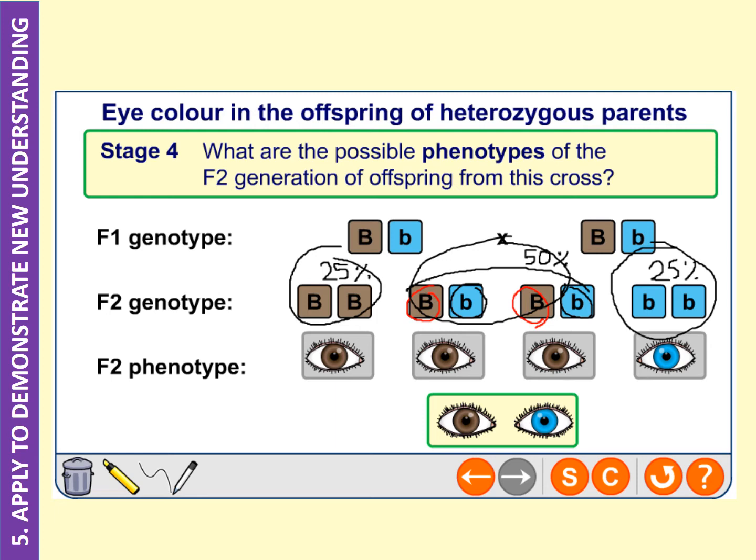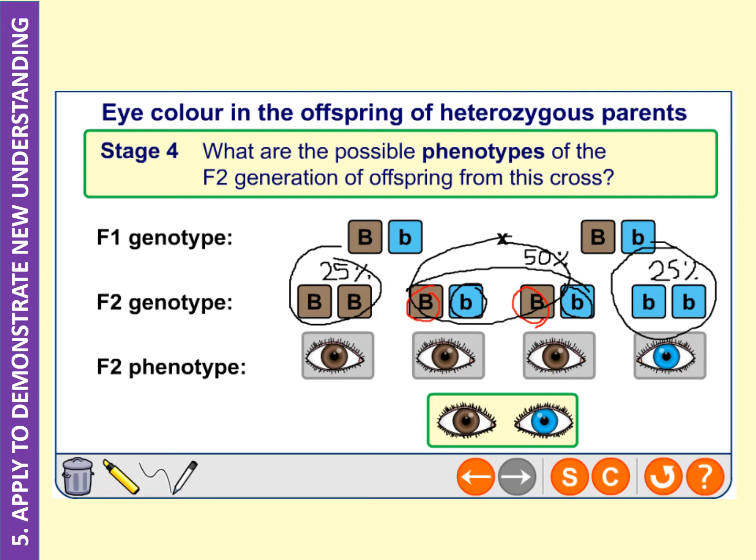Now in their gametes, here's Dad. He's got a big B going into half of his sperm. So 50% of his sperm here contain the gene, the allele, the version of the gene for brown eyes.